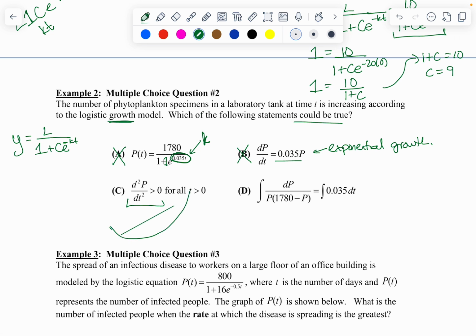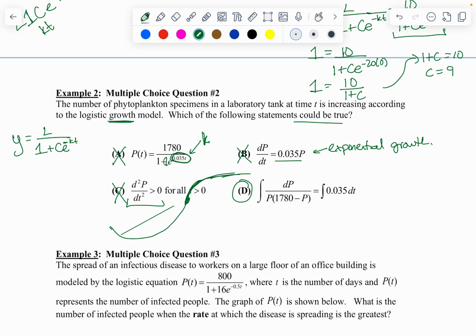But we just talked about the fact that logistic growth has a carrying capacity. There is a point of inflection and this thing changes. So it cannot be concave up for logistic growth. It could have been if it was exponential.